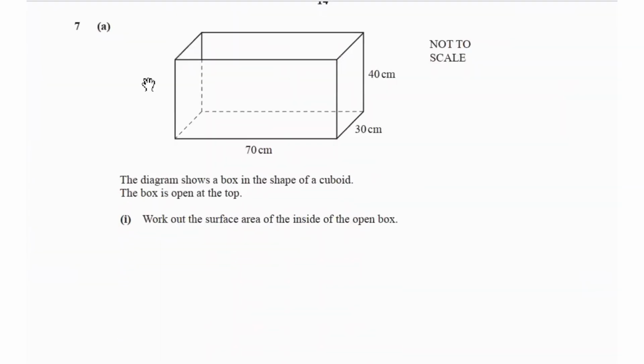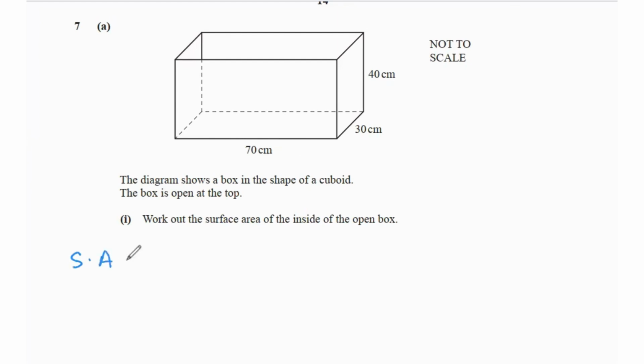Question 7 says the diagram shows a box in the shape of a cuboid. The box is open at the top. Work out the surface area of the inside of the open box. So since the top is open, we'll include the 70 times 30 area once.